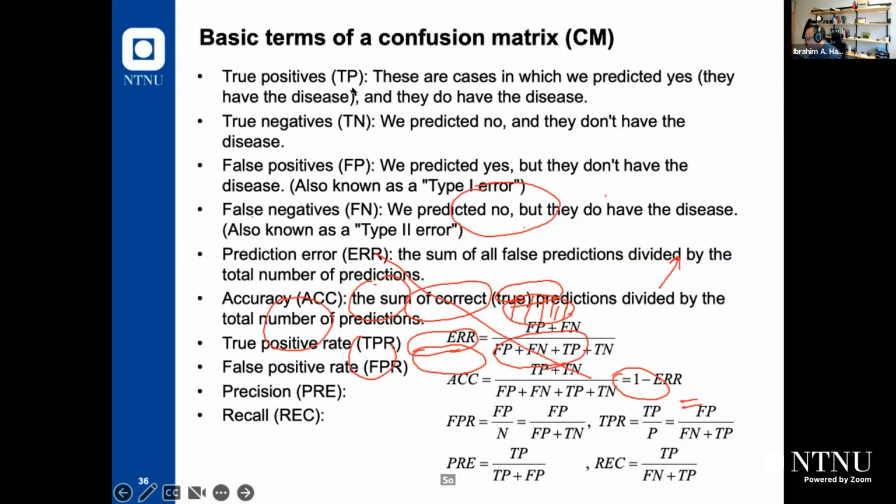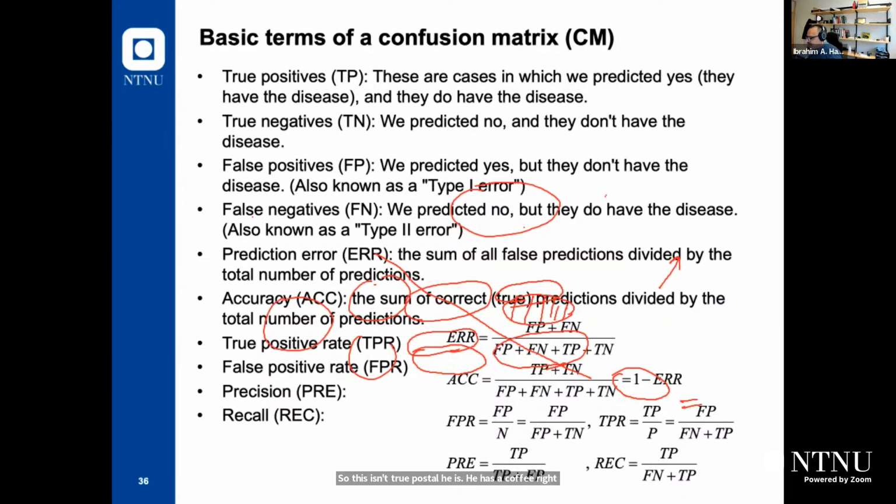True positive: these are the cases in which we predict yes, and they do have the disease. For example, some people got COVID, did this test in the hospital, and are classified as positive. True negative: we predict no, and they don't have the disease.